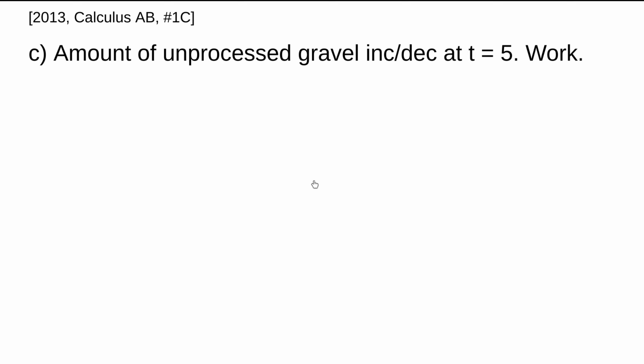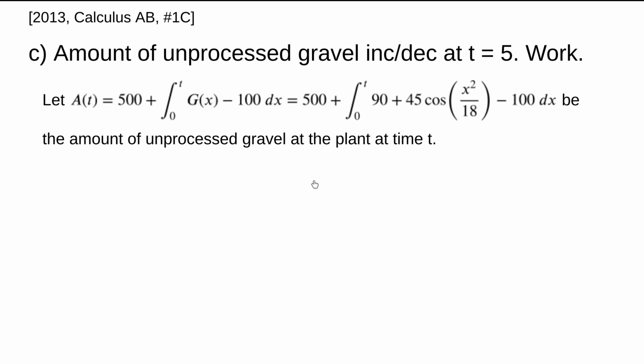It's just going to take those two rates into account. So define a new function a of t for amount of unprocessed gravel. The actual value of this function will be 500, our initial value, plus the definite integral from 0 to t of g of x minus 100 dx.